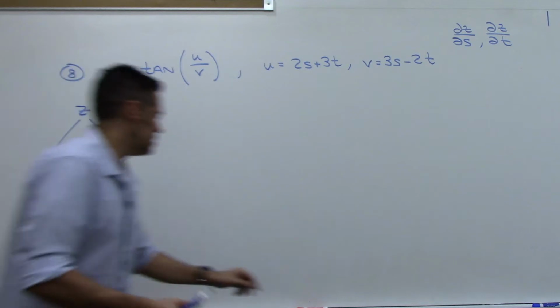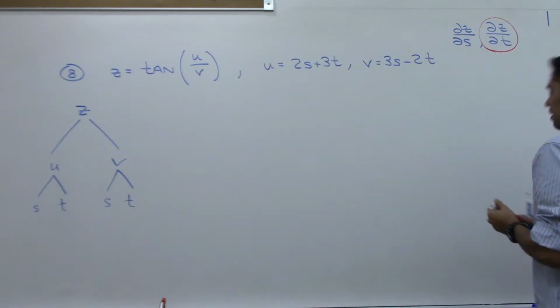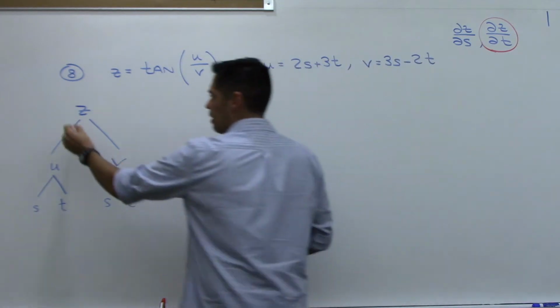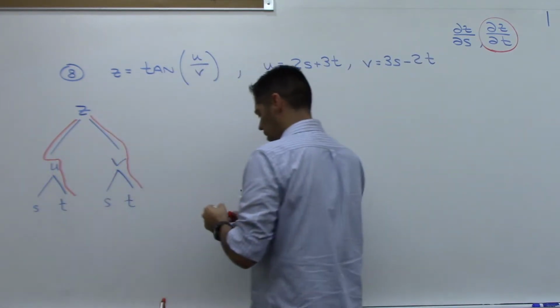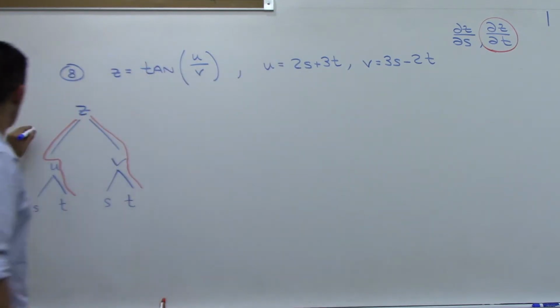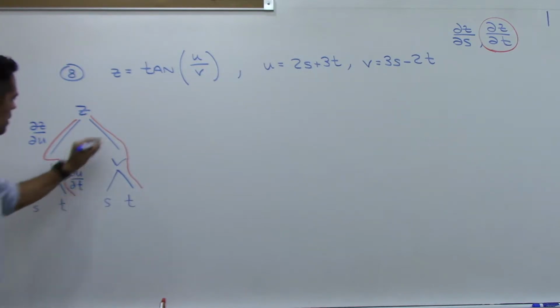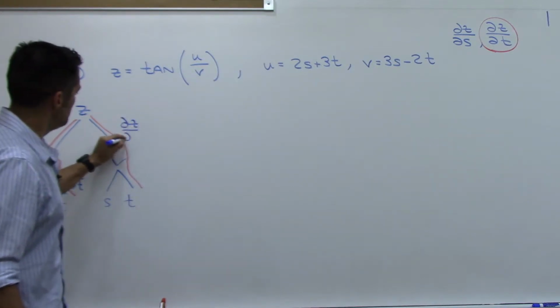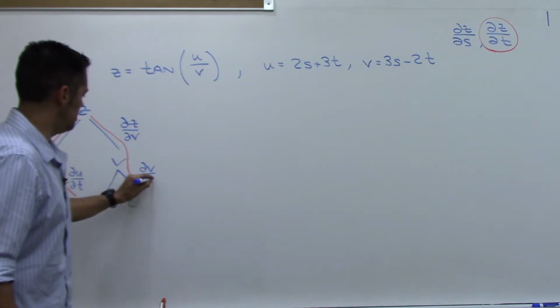So for this problem, since again there are two possible partials, I'll do this one on this one. So we're going to go down here, down the t path, here, down the t path. So it's going to be partial z with respect to u, partial u with respect to t, partial z with respect to v, partial v with respect to t.